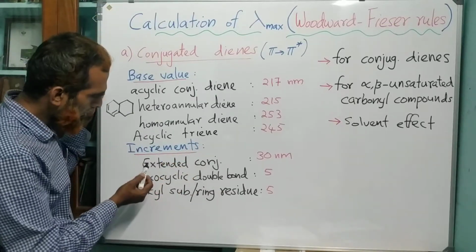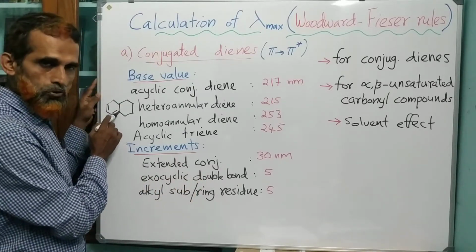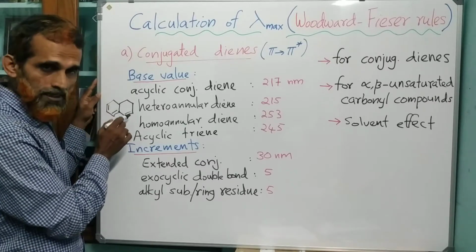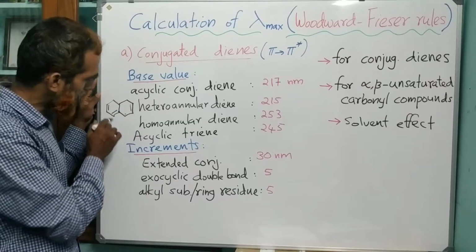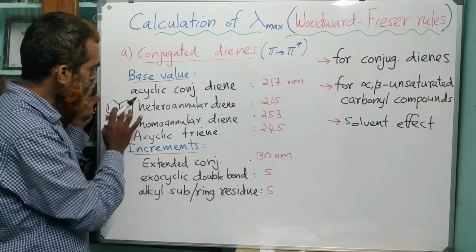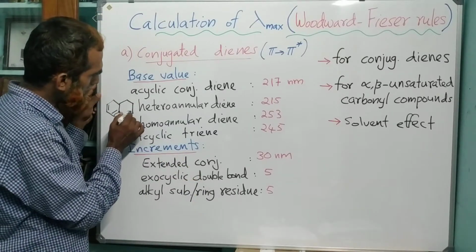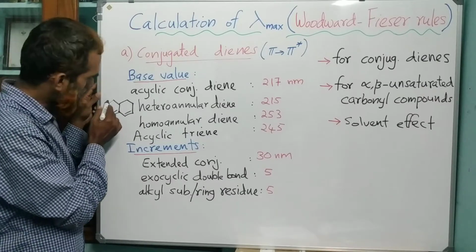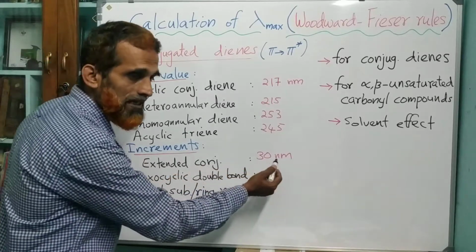Increments. One, extended conjugation. Suppose in addition to these two double bonds, there is one more double bond coming here, which is in conjugation, right? Suppose it is here, it is not conjugation, it will not add to lambda max. But if a double bond comes in conjugation, extended conjugation, so that resonance will be working over all these carbons, then we have to add 30 nanometer.